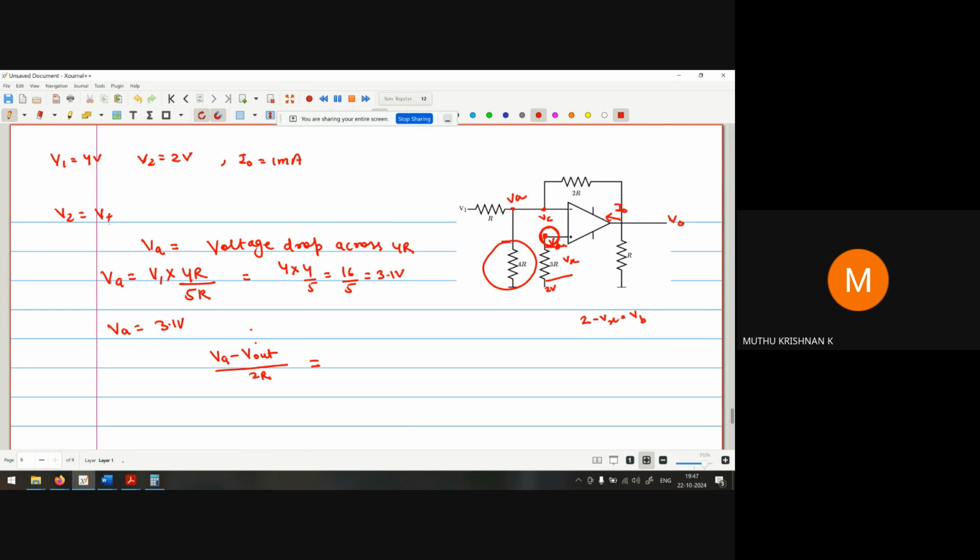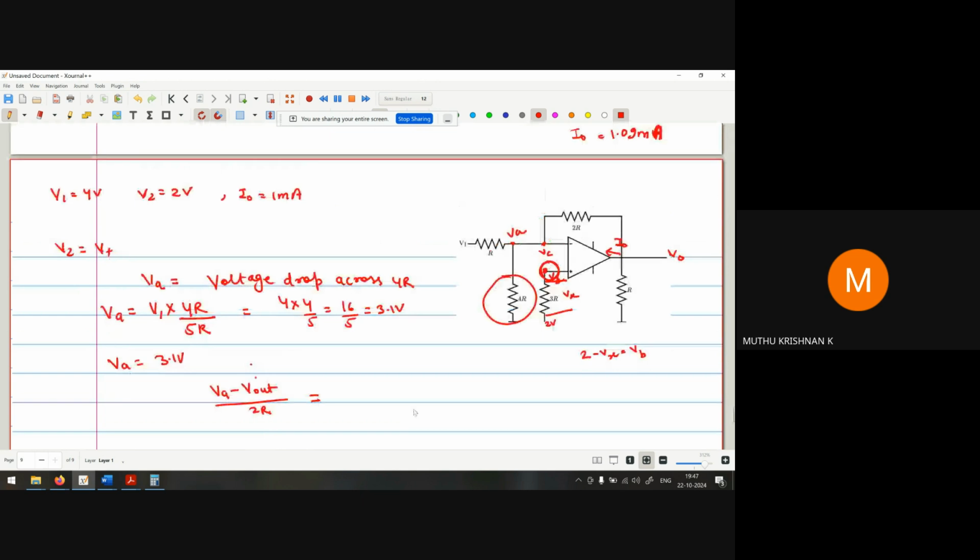But here the voltage won't drop, right? Because it is an ideal op amp. So the voltages at the inverting terminal and the non-inverting terminal will be 2, right? Okay, so you are saying Vc and Vb both are the same, and both are equal to 2.